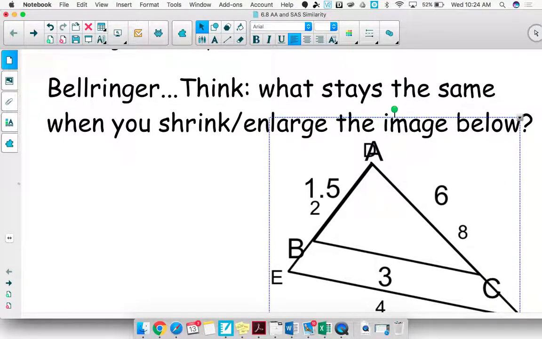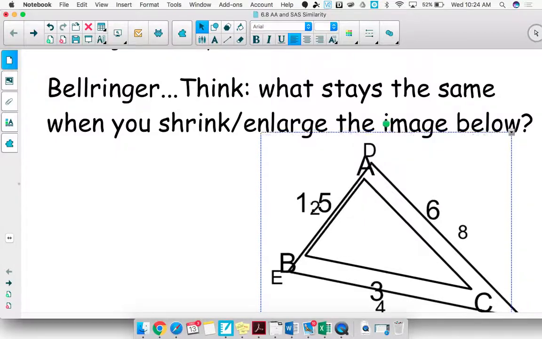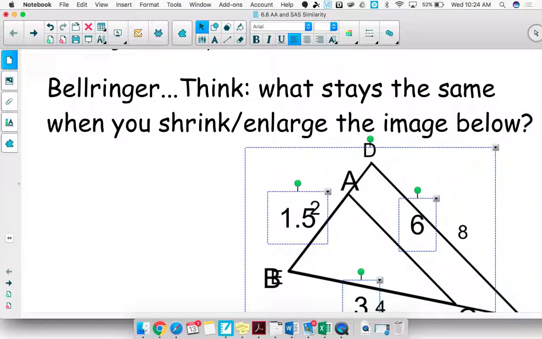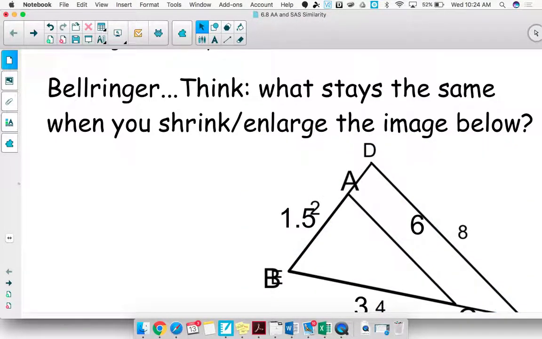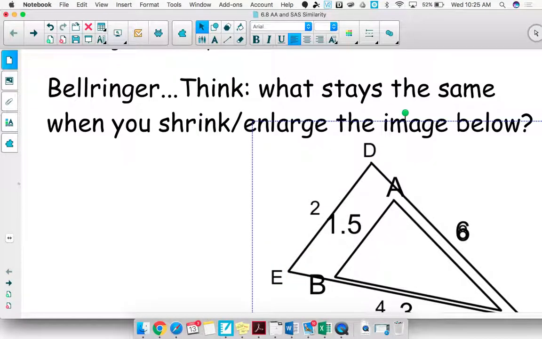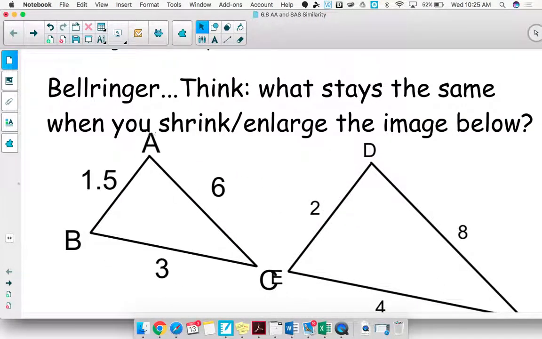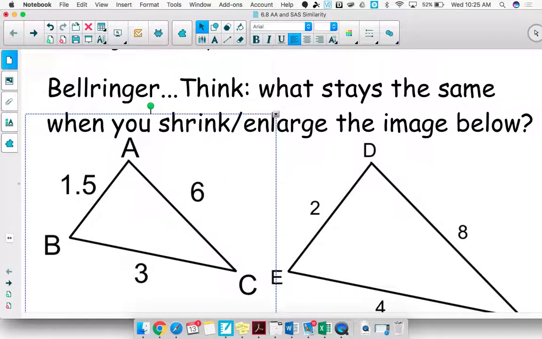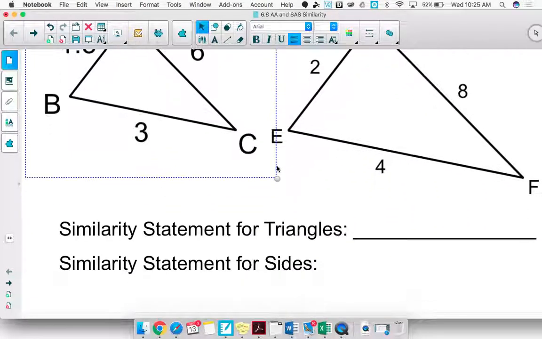You should be able to notice the top angles are the same. We've noticed this pattern already. The left side is the same. And you'll notice if we slide it over, those two angles are congruent as well. So a lot of times we're going to have similar triangles that have all of these patterns existing.